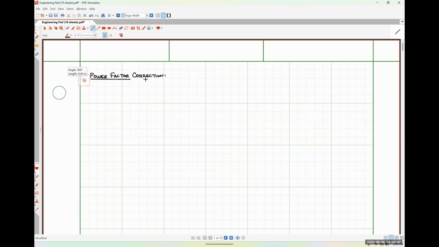I'm going to draw a picture of a power triangle for an inductive load. Okay. So let's say that we've got something going on like this. Here is our imaginary axis, and over here is our real axis.